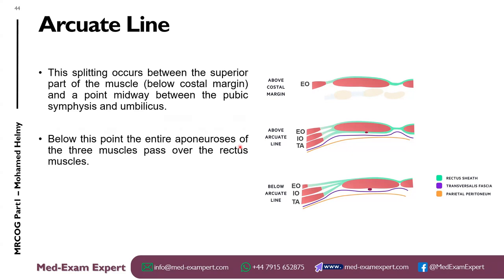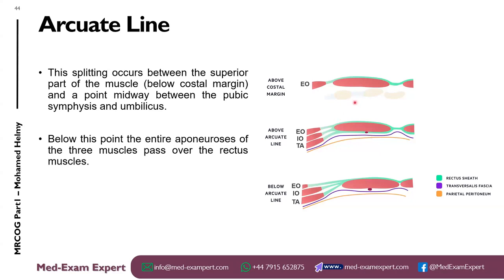This splitting occurs below the costal margin, of course, not at the costal margin, at a point midway between the symphysis pubis and the umbilicus.